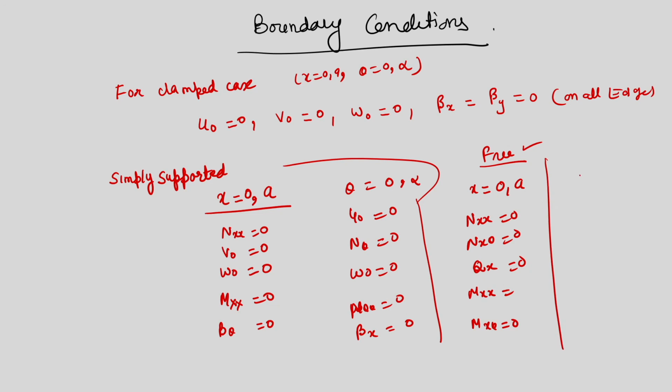If along the circumferential direction, theta is 0 and alpha, then for that case it will be n theta theta and n theta x, q theta, m theta theta and m theta x. Here it is a cylindrical shell. So, n theta x is not equal to nx theta. Same way, m theta x is not equal to mx theta.